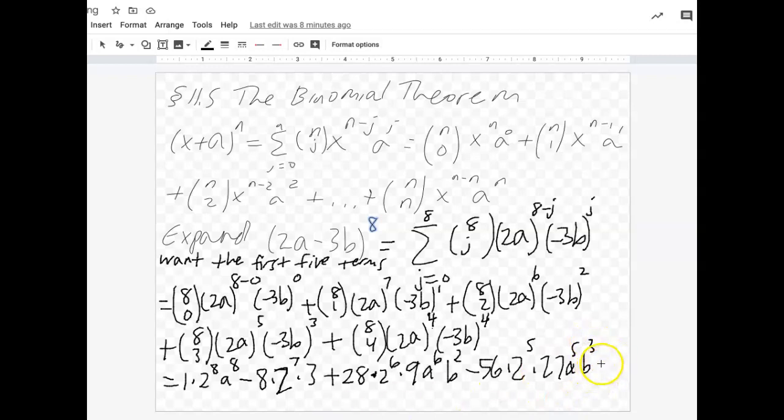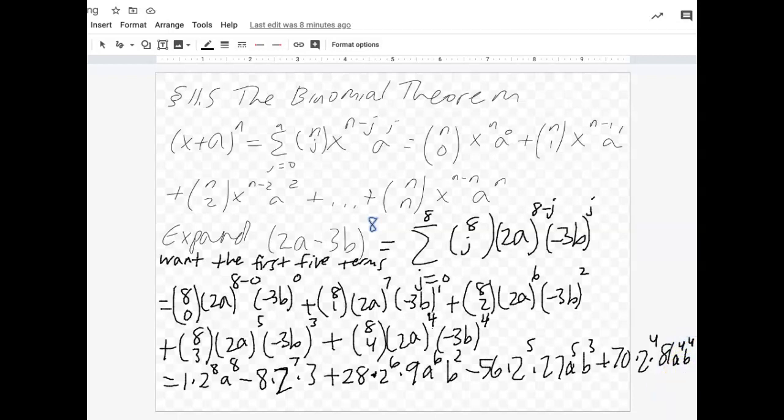And then the last term is plus 8 choose 4, which is 70, times 2 to the 4 times 81, and then a to the 4th and b to the 4th.